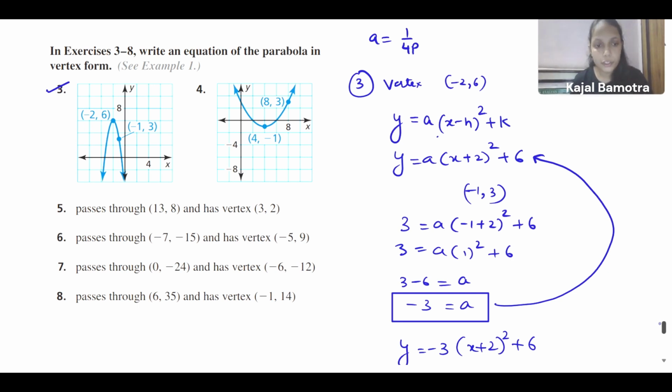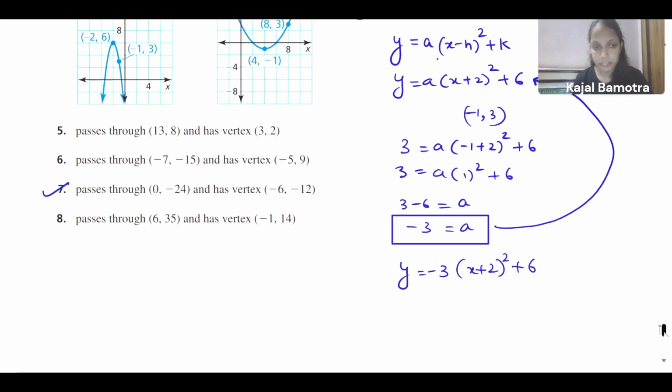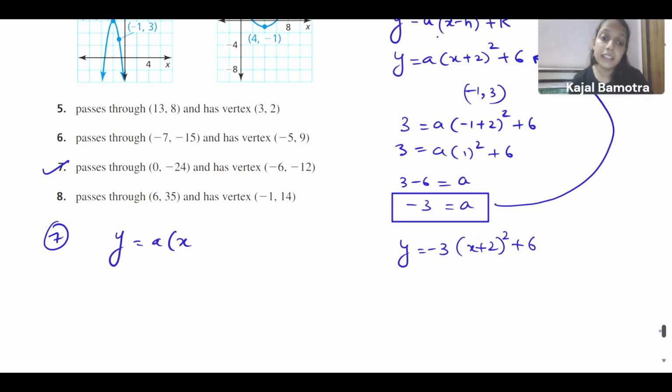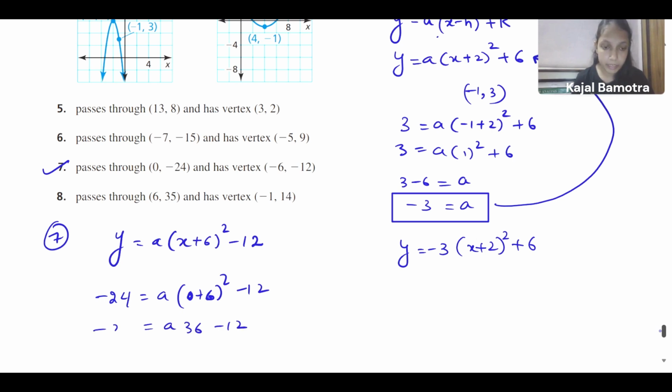I will try question number 7 now. For question number 7, vertex is given negative 6 and negative 12. So y equals a(x minus minus 6) squared, so that means plus 6, and minus 12. What is the passing point? 0 comma negative 24. y is negative 24 and x is 0. So substitute here. a times 6 squared is 36a, minus 12 equals minus 24.